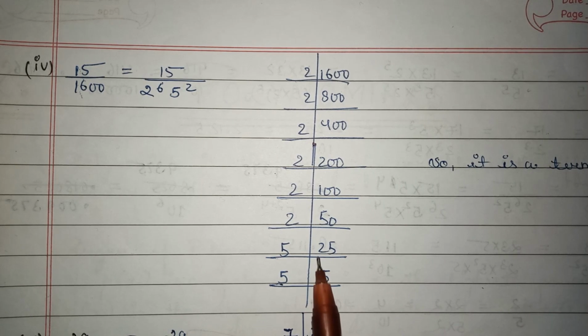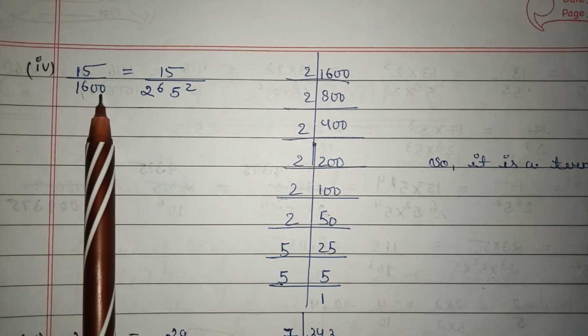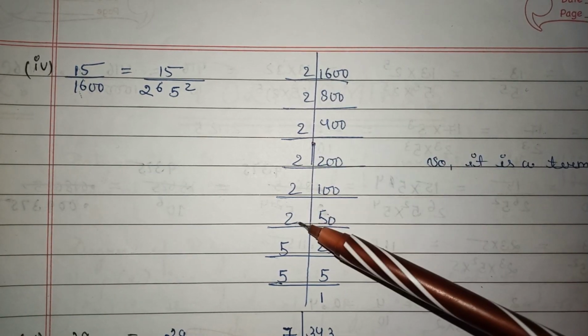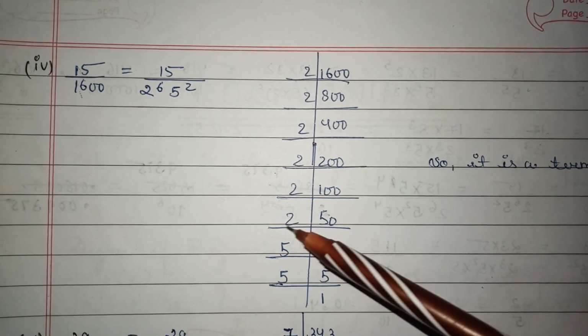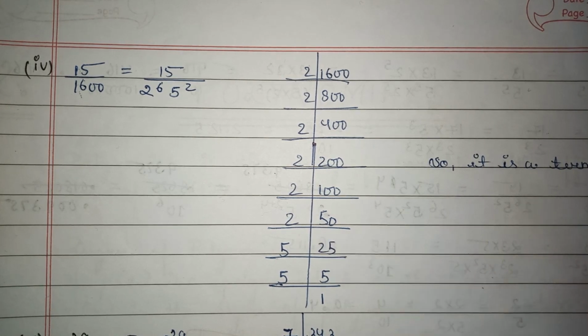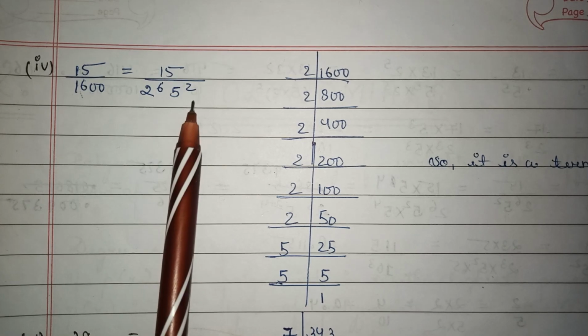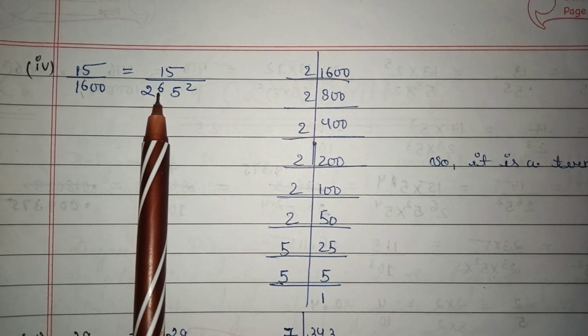We know that 5 into 5 is 25. So 5 is a prime number which is only divisible by 5. So we can express 1600 as 2 to the power 6, because we get 2 six times, into 5 raised to the power 2, because here we get 5 two times. According to the theorem, this number can be expressed in the form of 2 and 5 factors, so its decimal expansion will be a terminating one.